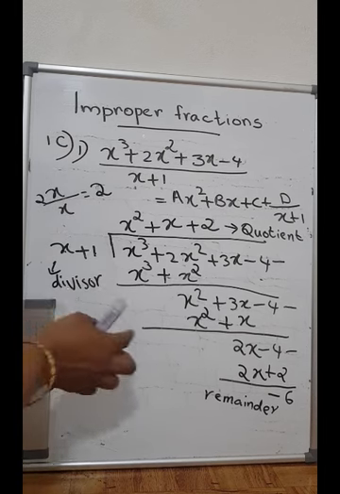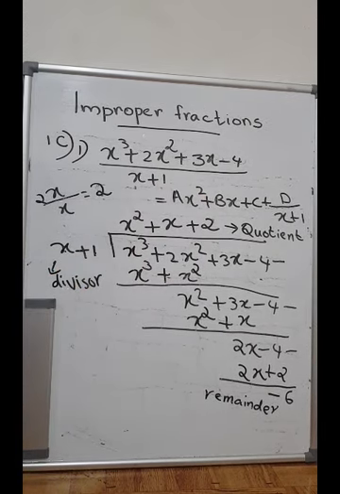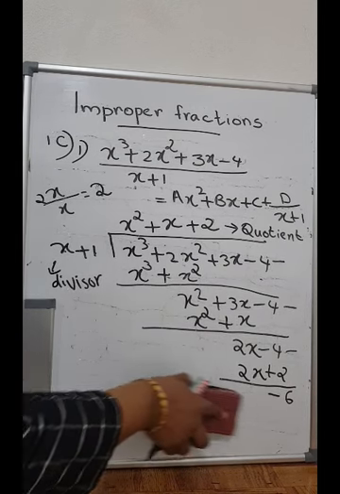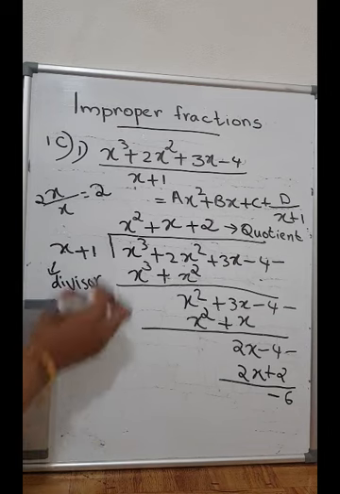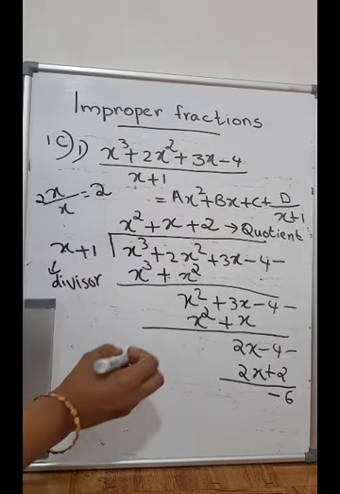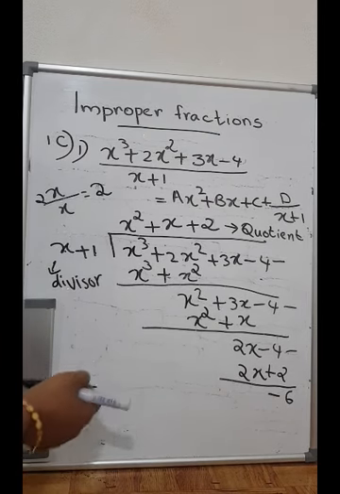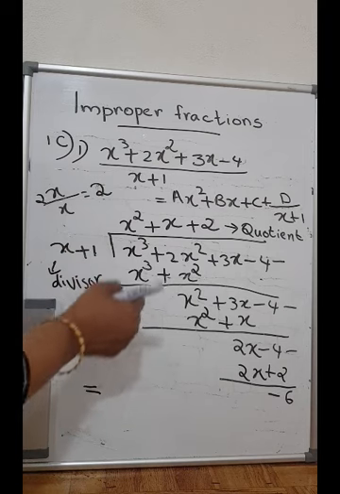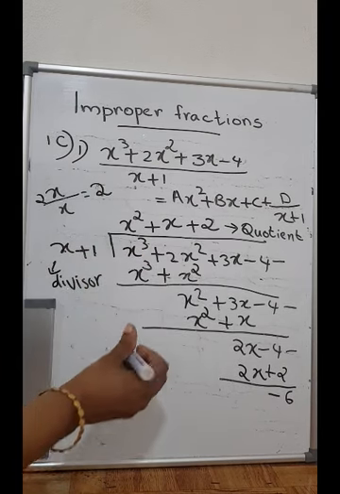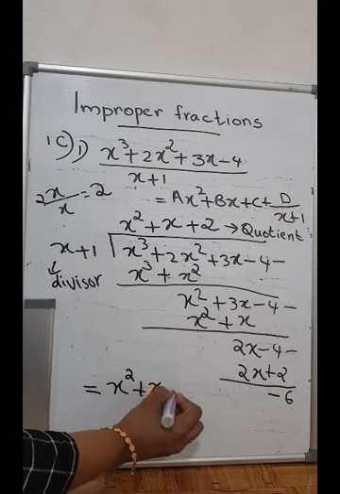Now you see, we have to write this in this form. So x cube plus 2x square plus 3x minus 4 divided by x plus 1 is equal to quotient plus remainder divided by divisor. The quotient is x square plus x plus 2.